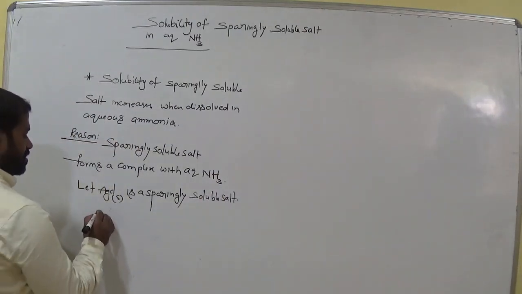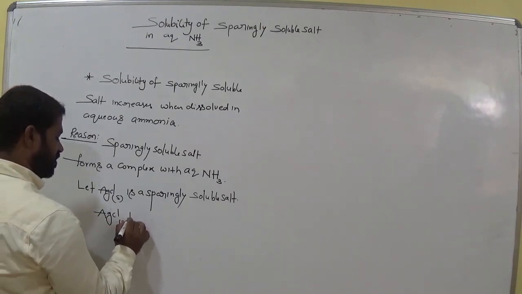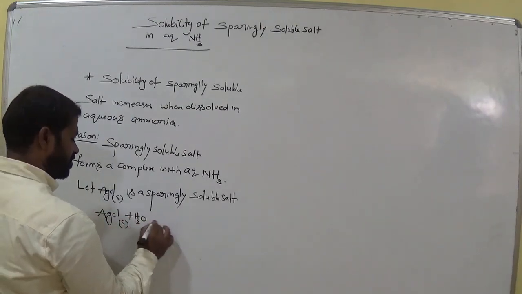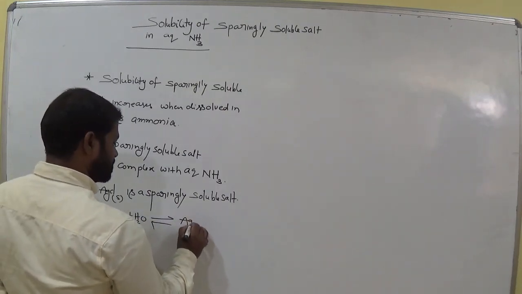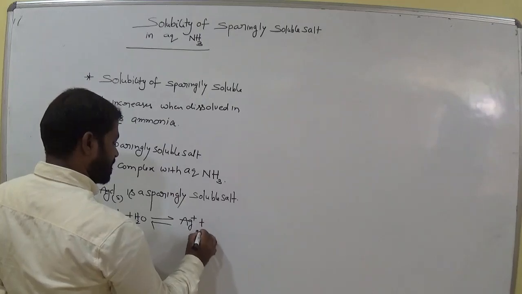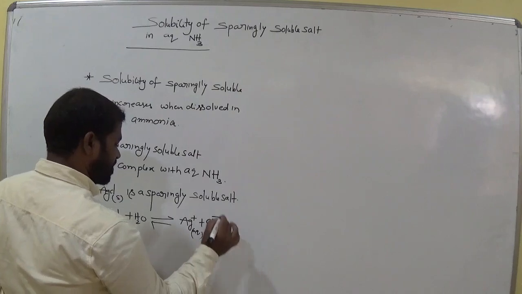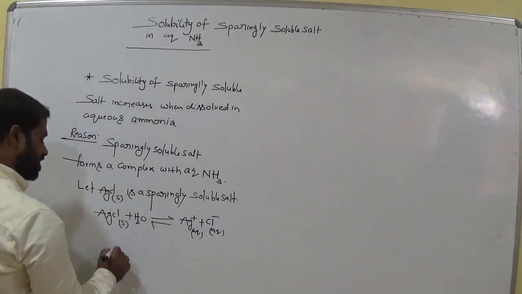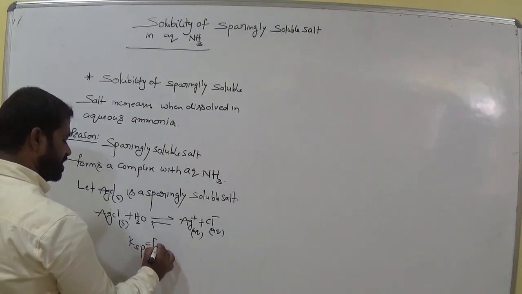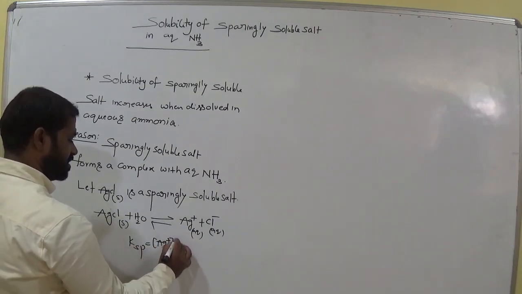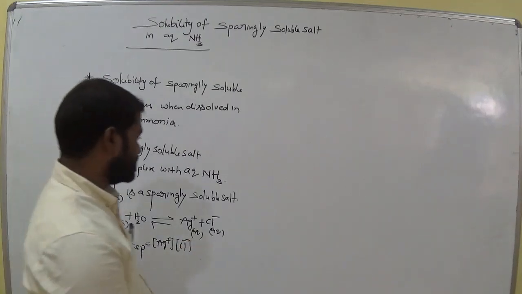So now AgCl, which is solid, when dissolved in water, what does it give? Ag plus, which is aqueous, and Cl minus, which is aqueous. Where the equilibrium constant is called the solubility product, Ksp, equals Ag plus times Cl minus, am I right? Ksp, solubility product. That is the expression.